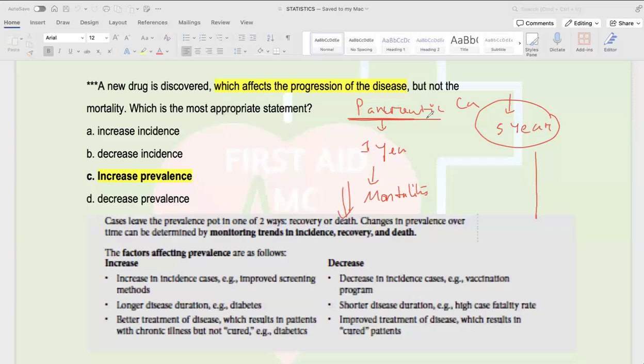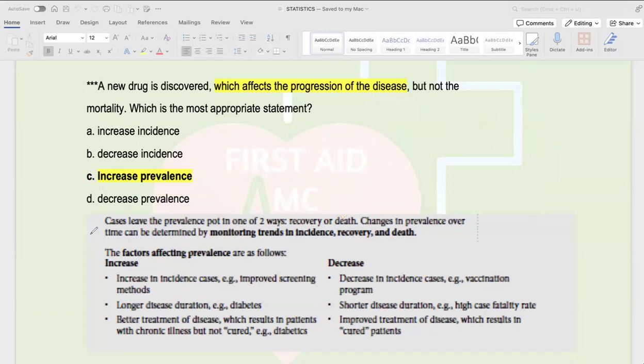And what does it mean? It means it has increased the prevalence of the disease. Does it make any sense? Yeah, very good. All right, so that's a bit difficult to understand because that's not what we expect with this question, but this is what happens. It's not bad, but yes, because now there is more people who have the cancer because they're not dying, right?